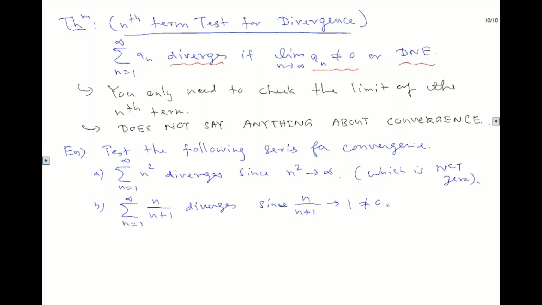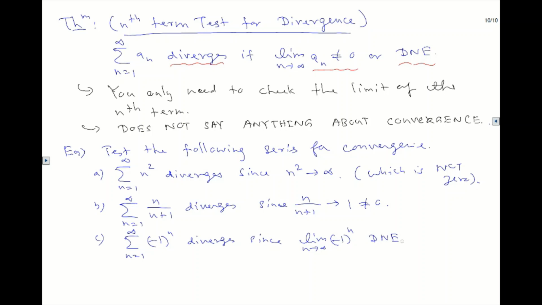Okay, how about this? C, sigma n going from 1 to infinity of negative 1 to the n diverges, since the limit as n goes to infinity of negative 1 to the n, that's the nth term, does not exist.